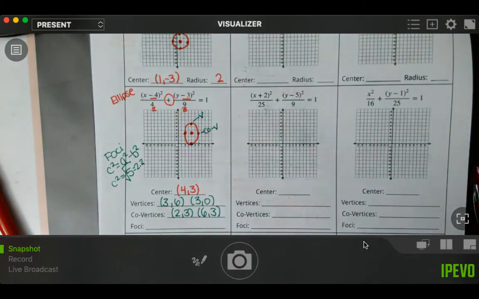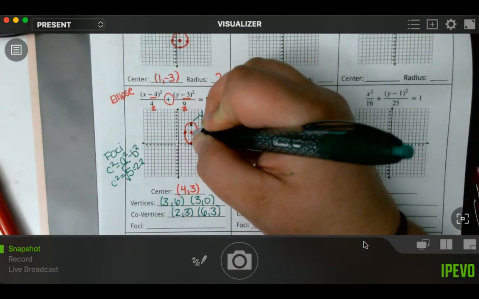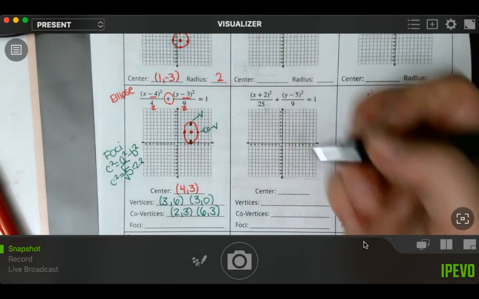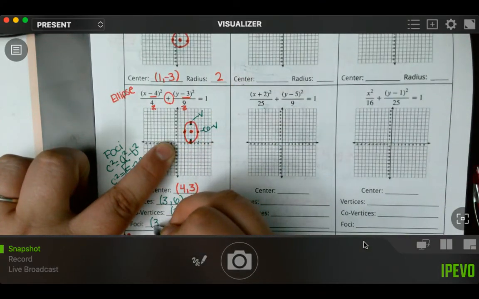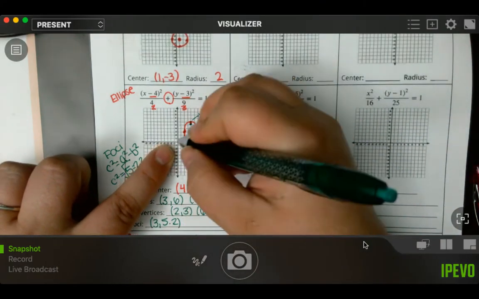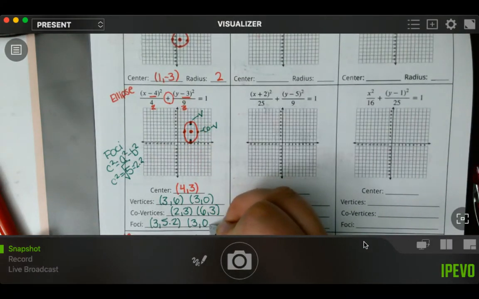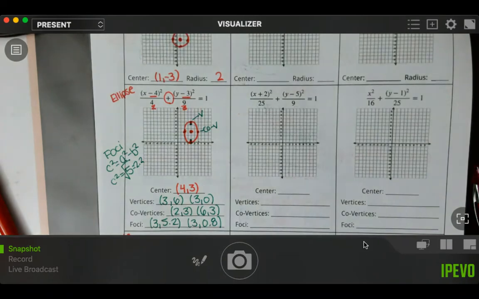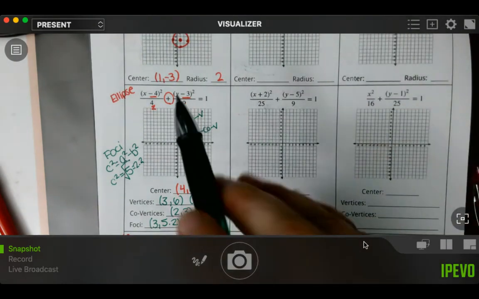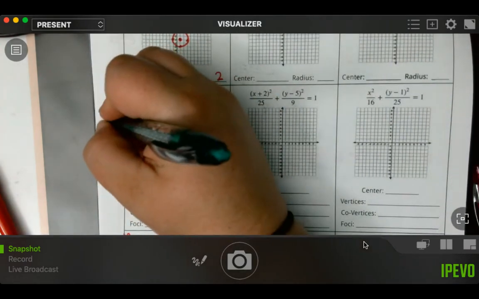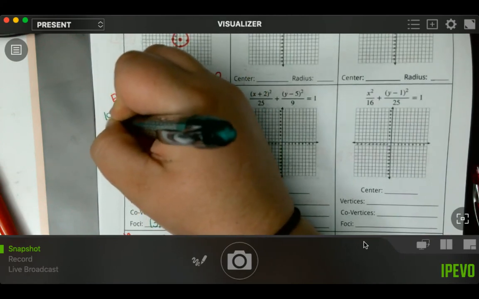So you would go on the longer direction, up 2.2 and down 2.2, which puts me over 3, up 5.2, and over 3, up 0.8. That's an ellipse. Longer side equals vertices.